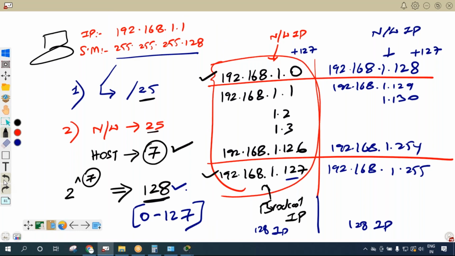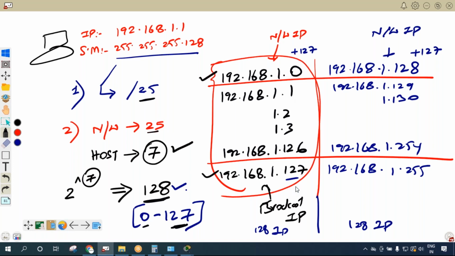Now the next thing is, so 0 to 127. The simple logic is, the first IP will be 0, the last IP address will be 127. Whatever IP address it is, it does not matter, 192.168, 10.10.10, 172.16, whatever it is. If you see this subnet mask 0 to 127, what should come to your mind? /25.